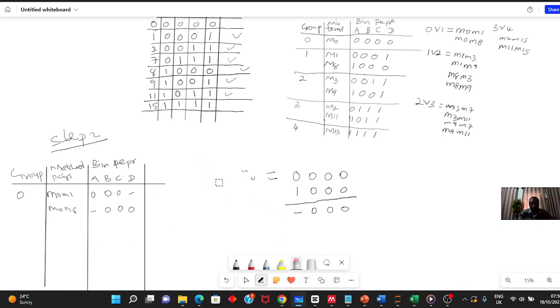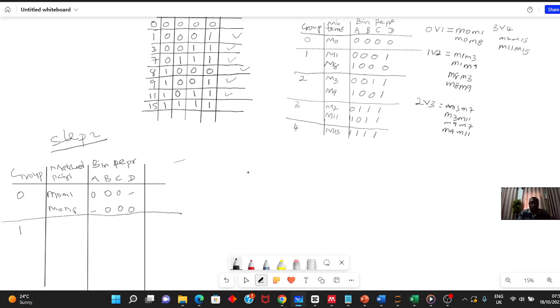The next one is the group of 1, where we have M1 mapping M3. So let's have a demarcation and form our group of 1.